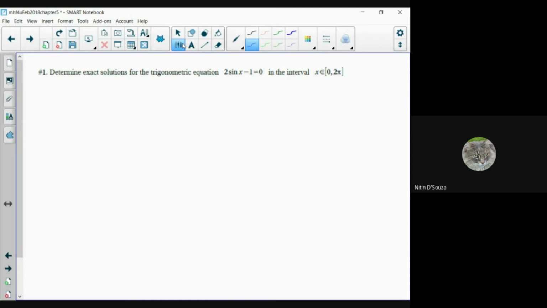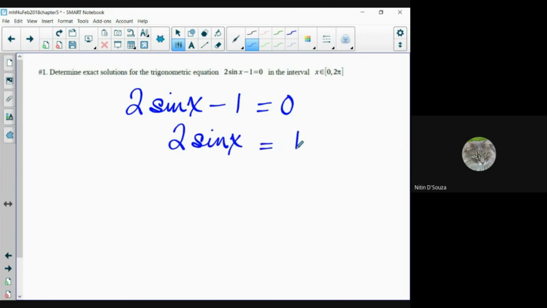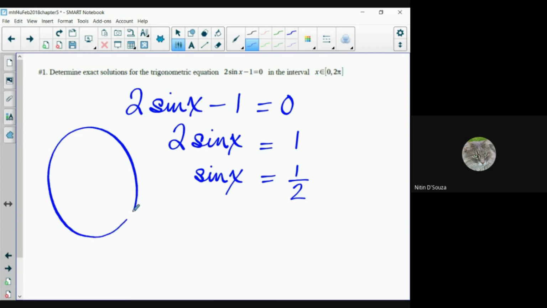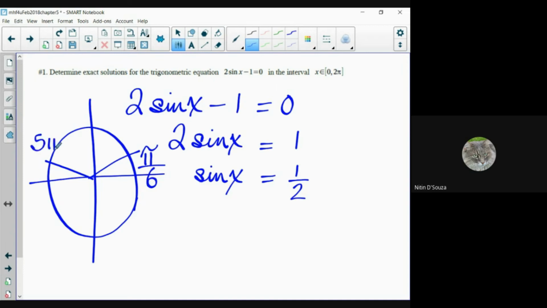All right. So here's the situation. 2 sine x minus 1 equals 0, which means 2 sine x equals 1, which means sine x equals 1/2. Look at your unit circle there that's on your sheet, and you should know where sine is a half. Could be pi over 6 and 5 pi over 6.